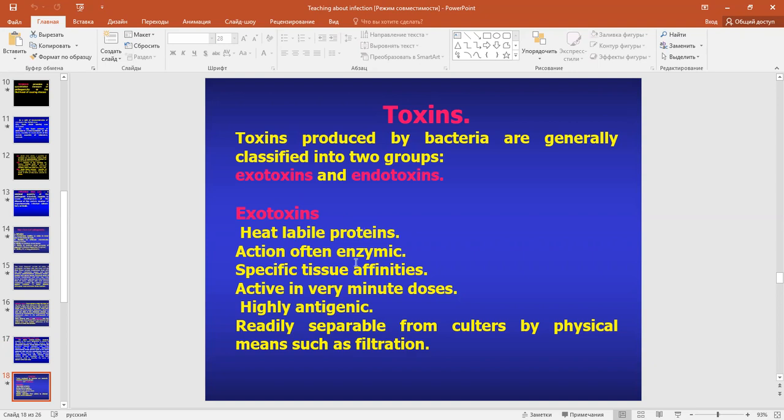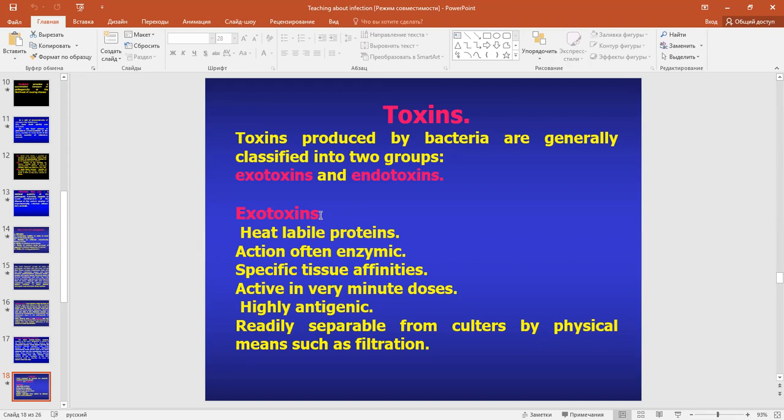Action is often enzymic. They act like enzymes, and they have specificity, specific tissue affinities. So they are able mainly to act to destroy certain cells. For example, some exotoxins are able to destroy red blood cells. They are named hemolysins. Some of them are able to act on cells of the digestive tract.